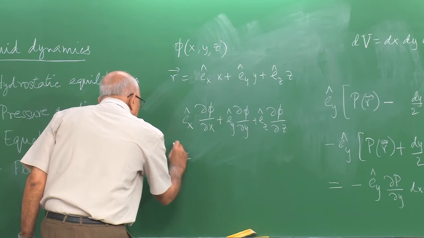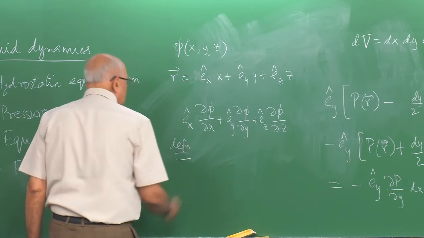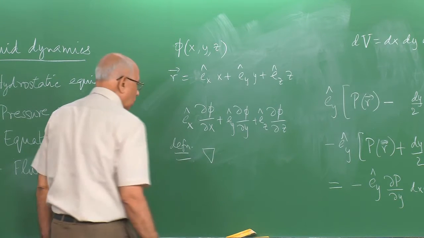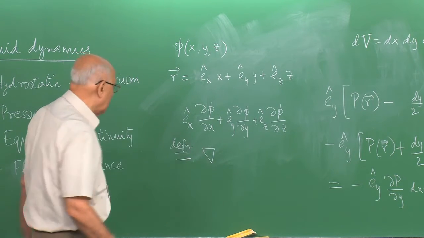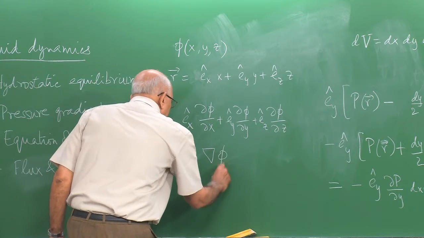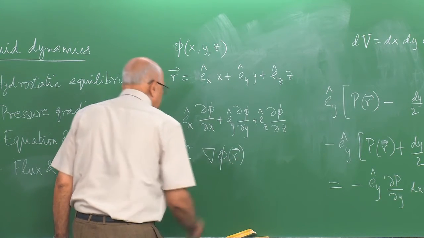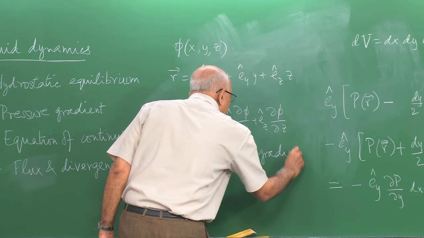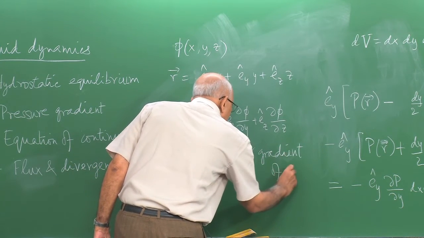And this is the definition of the so called gradient, which is denoted by this symbol here, the Greek symbol nabla of phi, which of course is a function of r. This is called the gradient of phi.